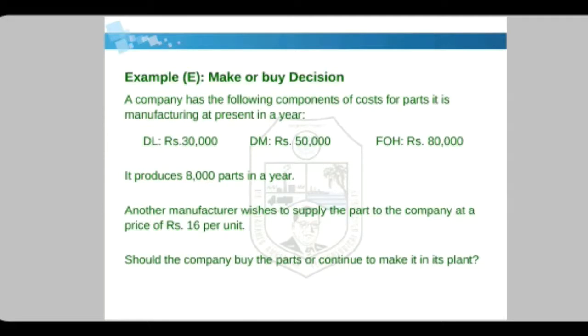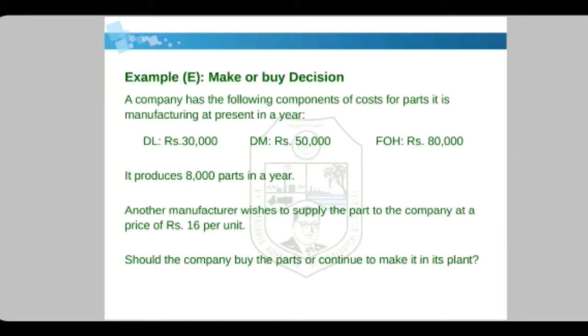Fixed overhead is 80,000 rupees. It produces 8,000 parts in a year. So the total cost is given and it produces 8,000 parts in a year. Another manufacturer wishes to supply the part to the company at a price of rupees 16 per unit.